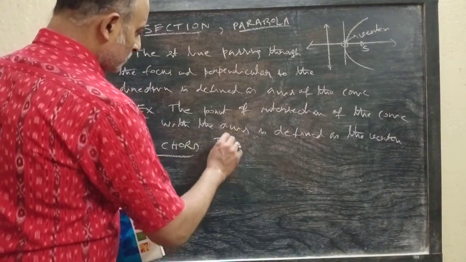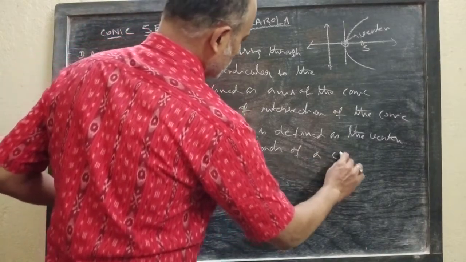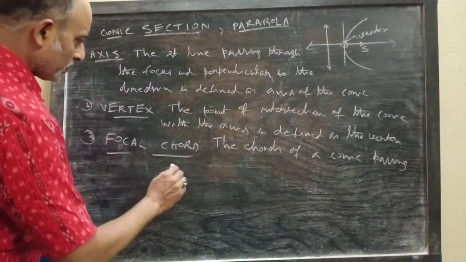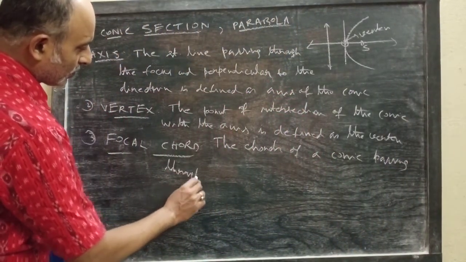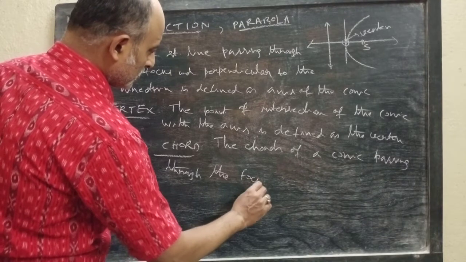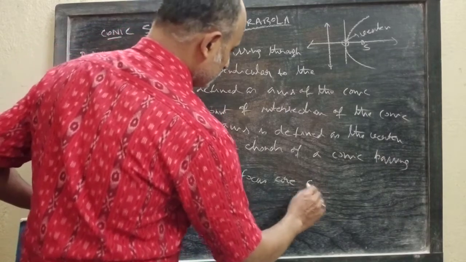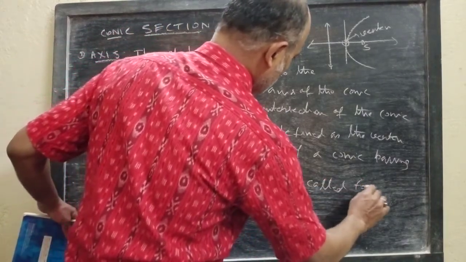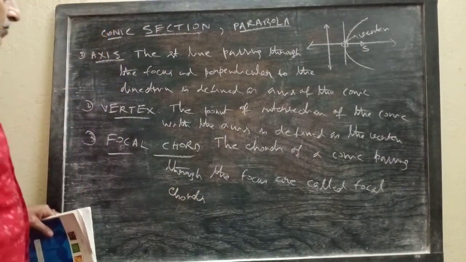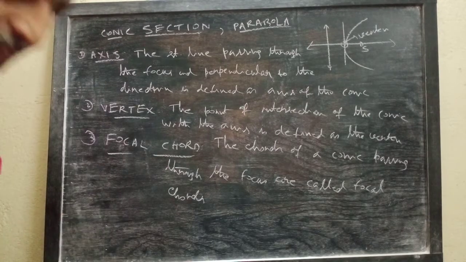So the chords of a conic passing through the focus are called focal chords.